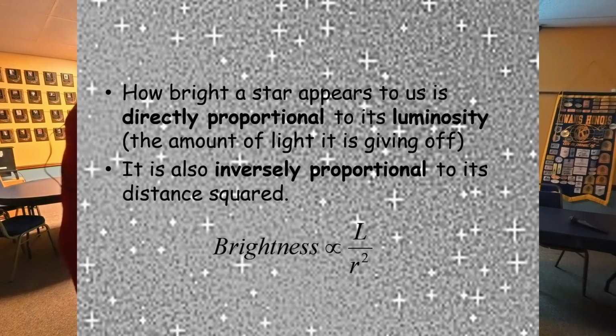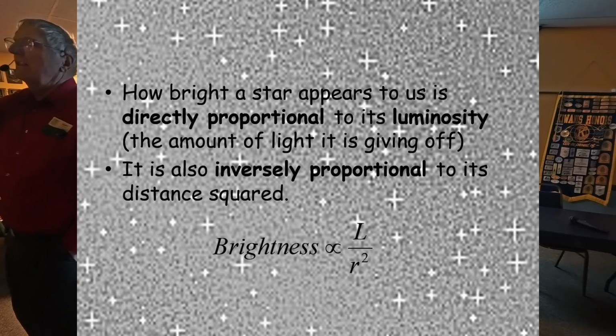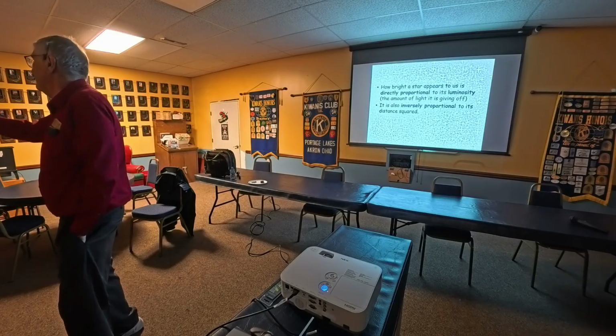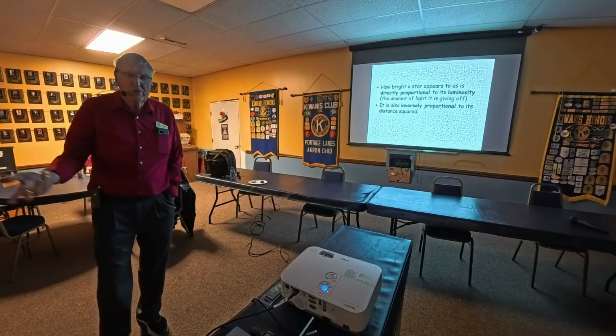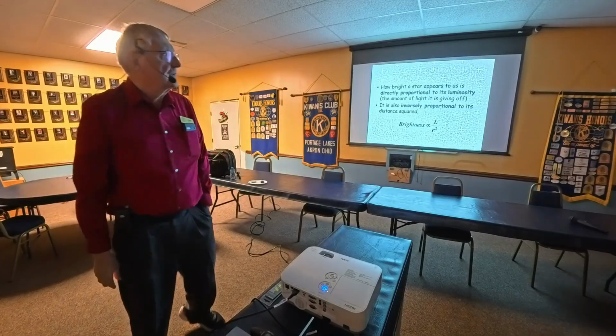So brightness is directly proportional to the luminosity, whether you've got a 100-watt light bulb or a 25-watt light bulb, and it's inversely proportional to the distance squared. So this is what you're looking at here.